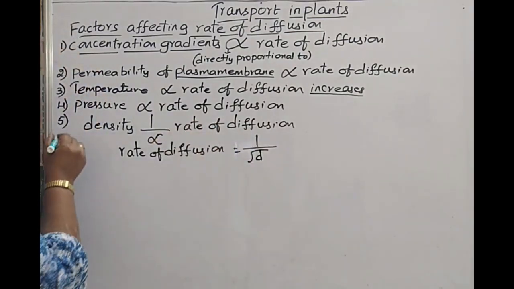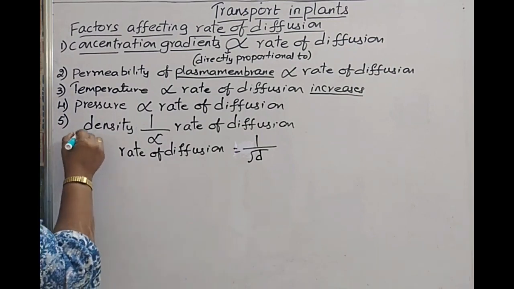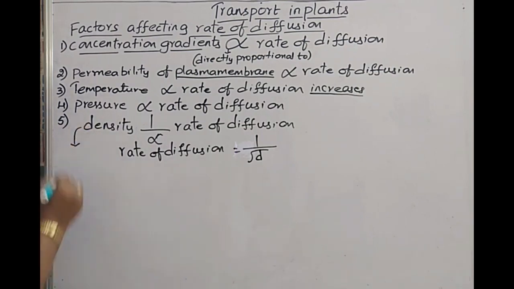Next, we will write some points related to density. In the case of gaseous molecules, liquid particles and solid particles, basing on their density, what will be the increasing and decreasing order of rate of diffusion?